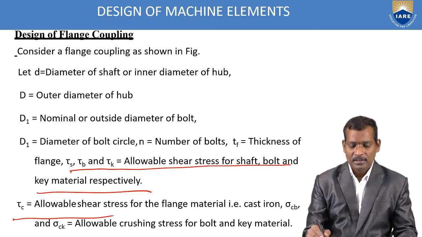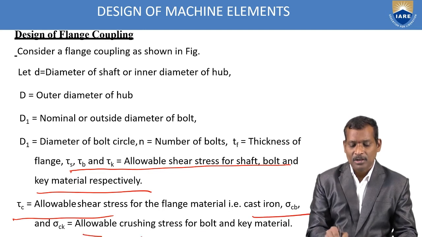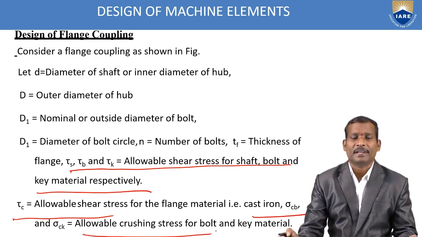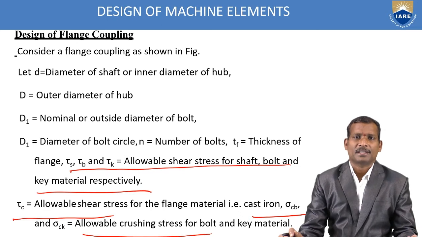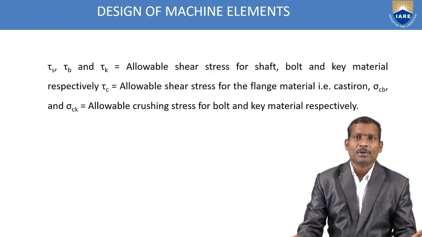Next, sigma cb and sigma ck are the allowable crushing stresses for bolt and key. In designing, finally, you have to check for crushing strength and check for shear strength. Tau s, tau b, tau k are the allowable shear stresses for shaft, bolt, and key material, as I already told you.